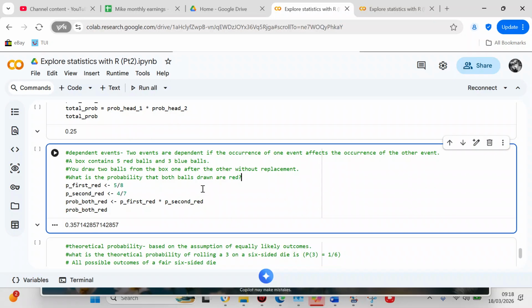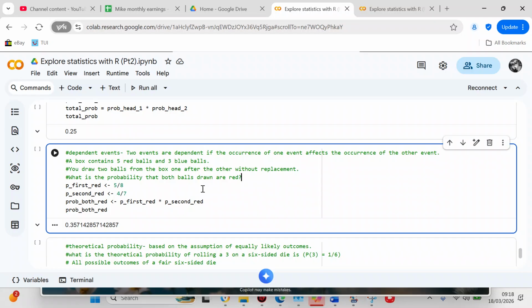And then the probability of the second ball being red, and it's without replacement, so you've got 5 minus 1 equals 4 divided by 8 minus 1 equals 7. So you've got 4 divided by 7 as your probability for the second red ball.